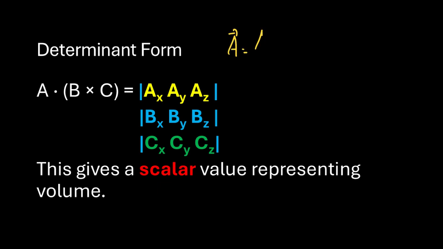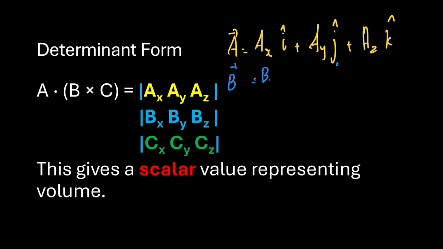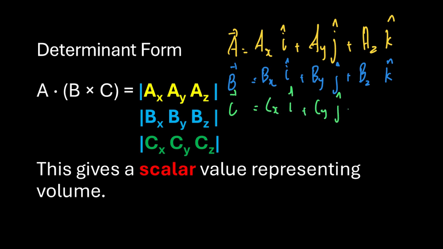If vector A is represented as AX i hat plus AY j hat plus AZ k hat, and similarly we have vector B as BX i cap plus BY j cap plus BZ k cap, and similarly for vector C, the determinant of these components will give you the scalar value which represents the volume.